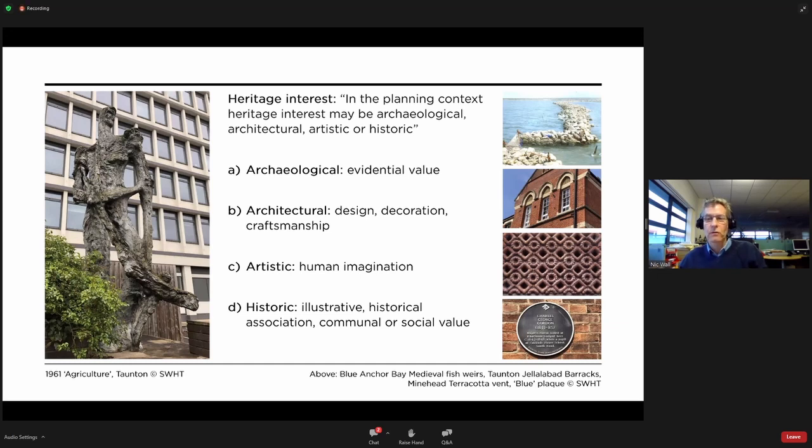Architectural interest describes the senses evoked by human design, decoration, or craftsmanship, or from their interaction with nature. Artistic interest celebrates human imagination and expression, including sculpture and public art. Historic interest is about the tangible connection with the past and reflecting community identity. Features and places can provide a link to the history and help illustrate past events.